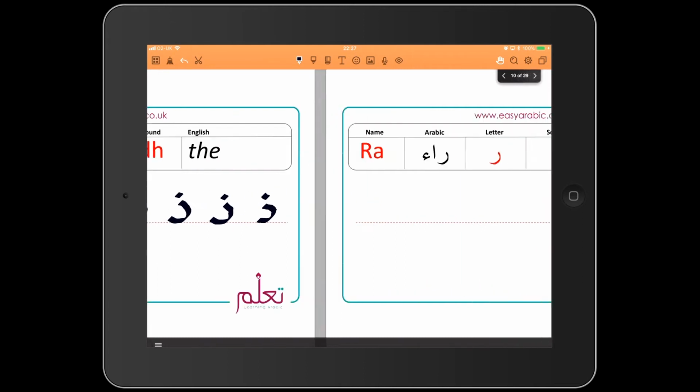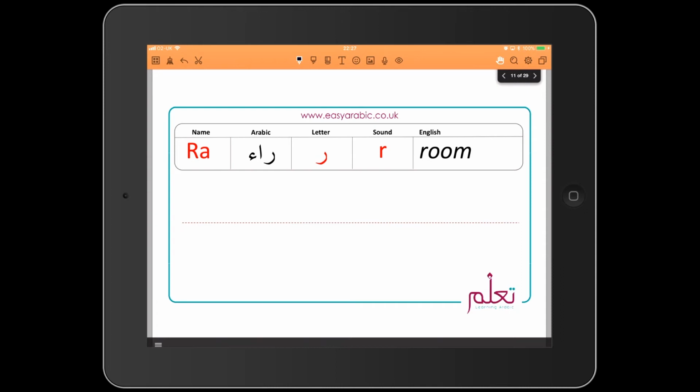The next one is the letter ra. Ra for room. So that one starts halfway above the line and then half goes below. So starting from here, do one and two.